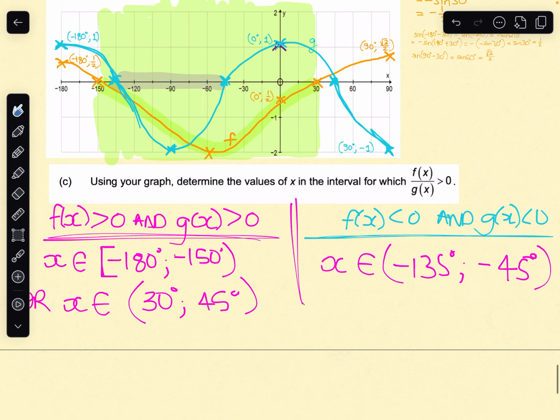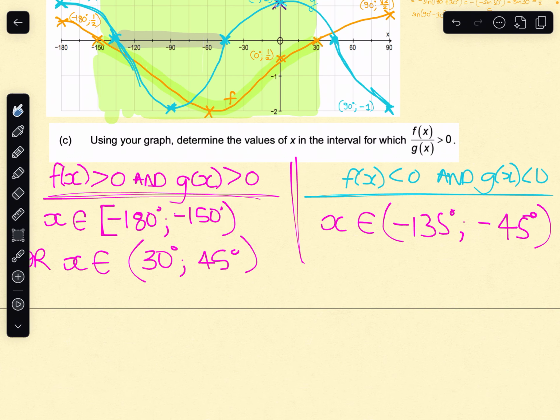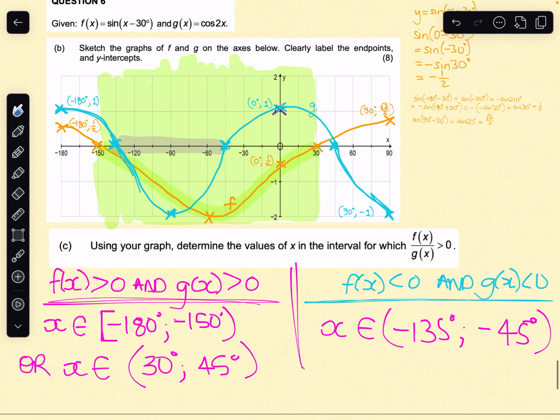And so those would be our answers. It would be when x is between negative 180 and negative 150, between negative 135 and negative 45, and again between 30 and 45. Those are the only places in this whole interval where this quotient would give us something positive.